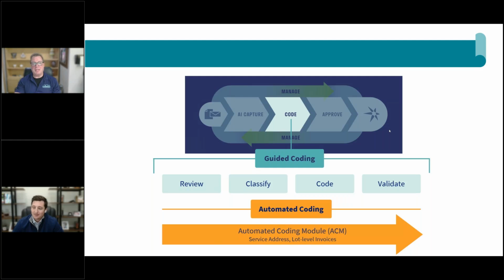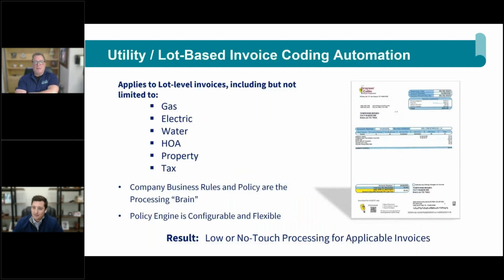Well, at that point, what we can do is take your policy, your rules, if you will, and plug it into a policy engine in the AP automation platform that's configurable. And essentially, all of the different building blocks of automating either low or no touch are what we just saw.